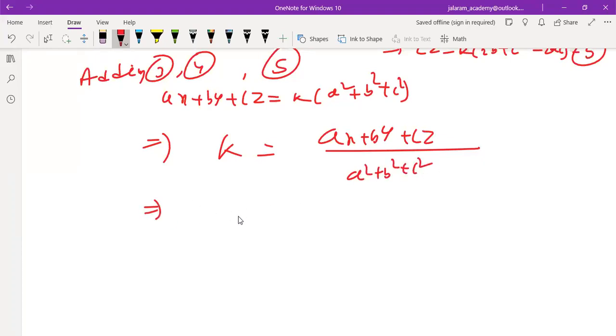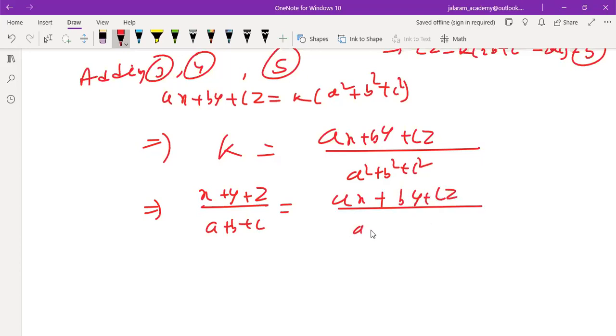Rest we have discussed, so I think you can do. We have proved that x plus y plus z upon a plus b plus c is also k from equation 1, equals ax plus by plus cz over a square plus b square plus c square. So on cross multiplying, you can get what you want to prove. Hence proved.